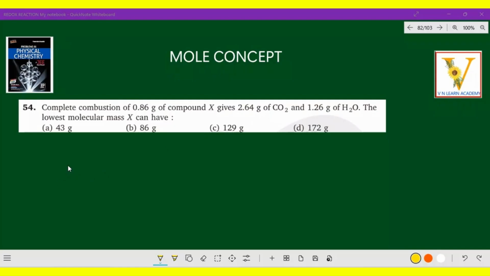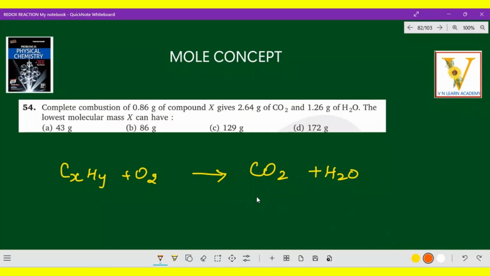We can write the formula: CxHy plus oxygen gives CO2 plus H2O. Here 2.64 gram of carbon dioxide, 1.26 gram of water, and the compound is 0.86 gram.